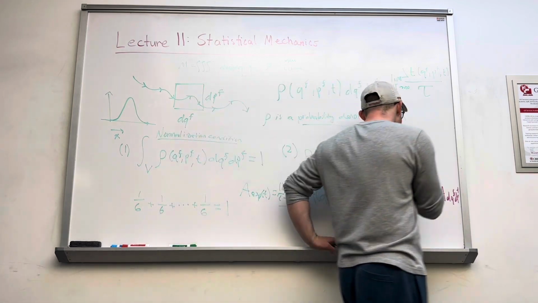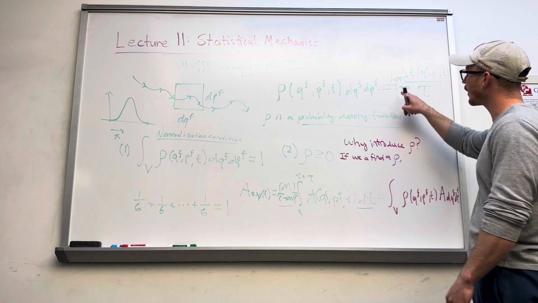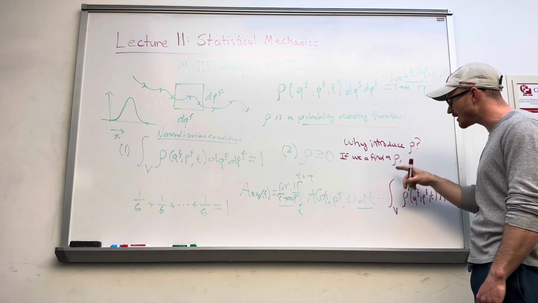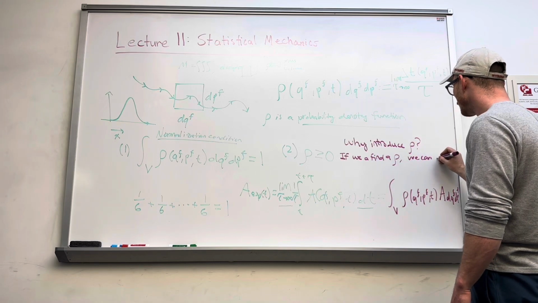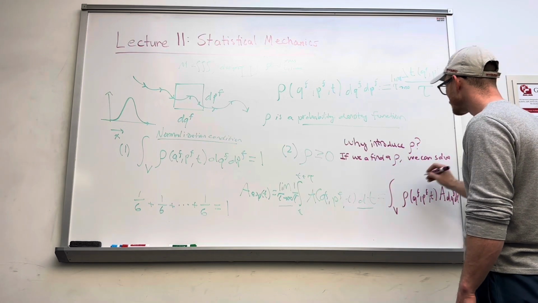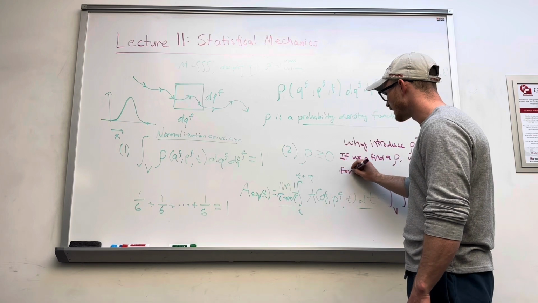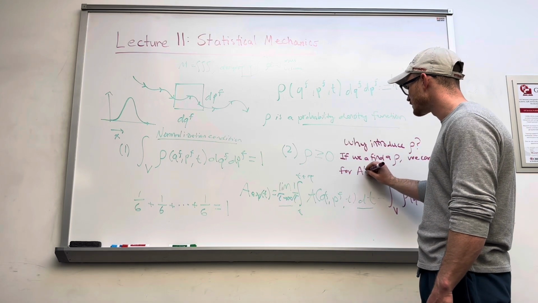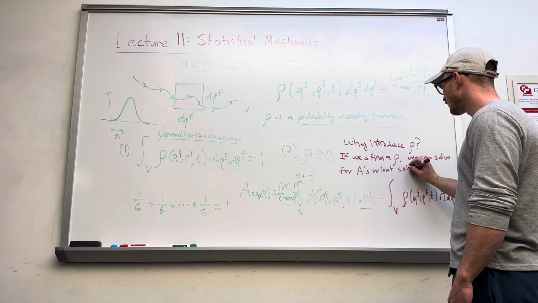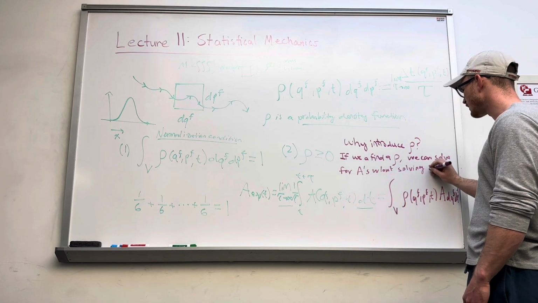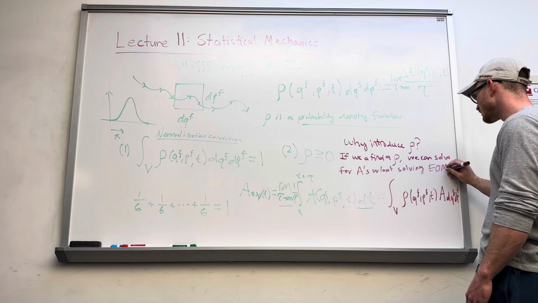If we find a rho, so not necessarily calculate a rho like this, but if we can find a functional form for it, we can solve for our observables, for our dynamical variables, for A's, without solving the equations of motion. Without solving the EOMs, the equations of motion.